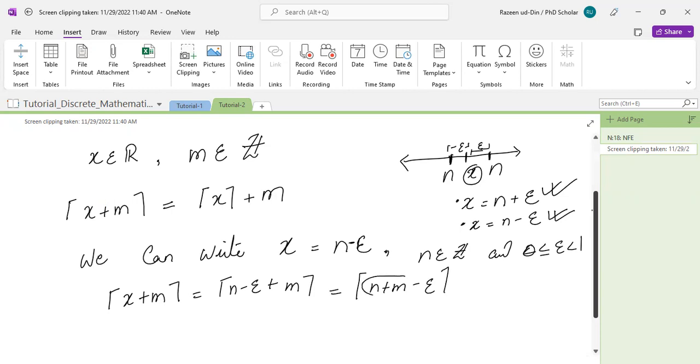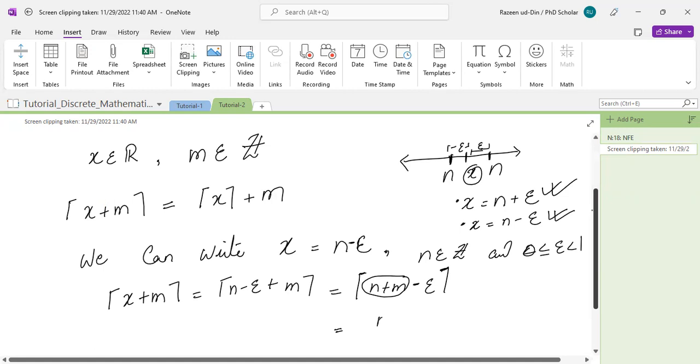So these are two integers, right? And we are subtracting some decimal part from this. So we are taking the ceiling of this value, and what it gives us is n plus m, right?